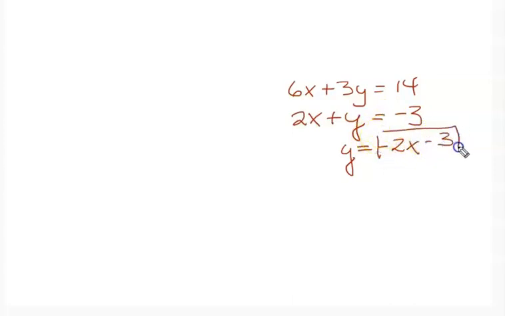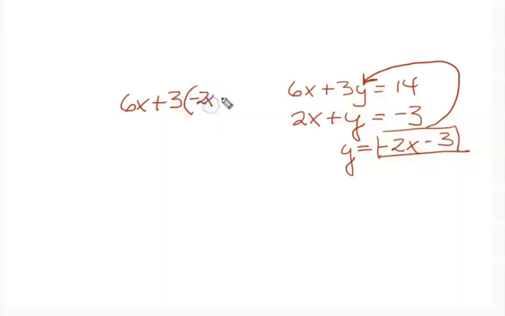Now this is our value for y that we're now going to take and substitute here. And I'll write it over here. So 6x plus 3. And now I'm going to put the value for y that I found, a negative 2x minus 3. And then this equals 14.